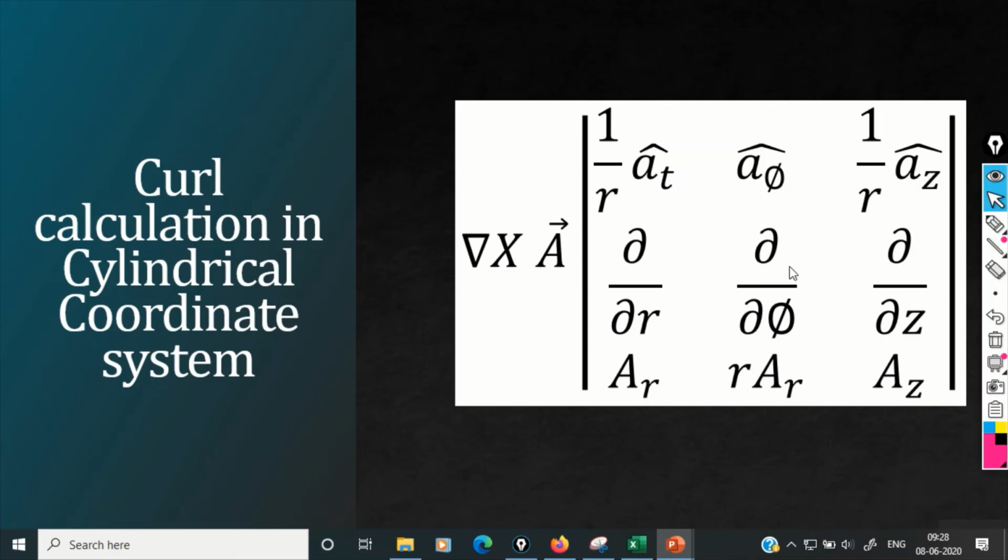Then partial differentiation in r, partial differentiation in phi, partial differentiation in z, and these are the components: component in r direction, component in phi direction, and component in z direction. So Ar, A phi and Az are my magnitudes or the components in r, phi and z direction.